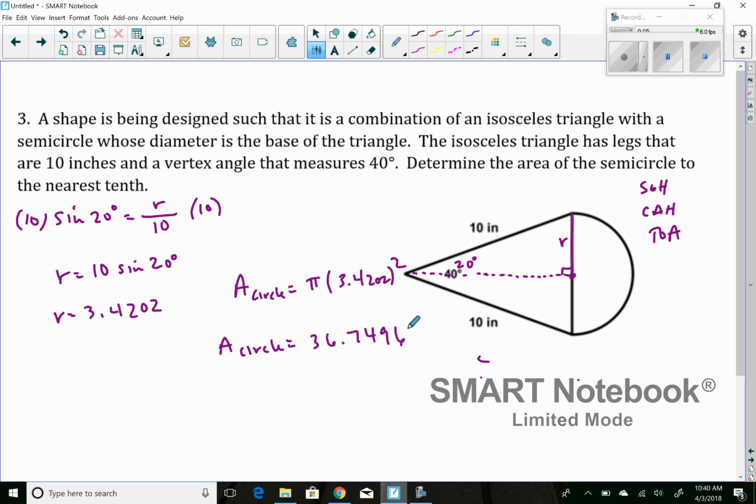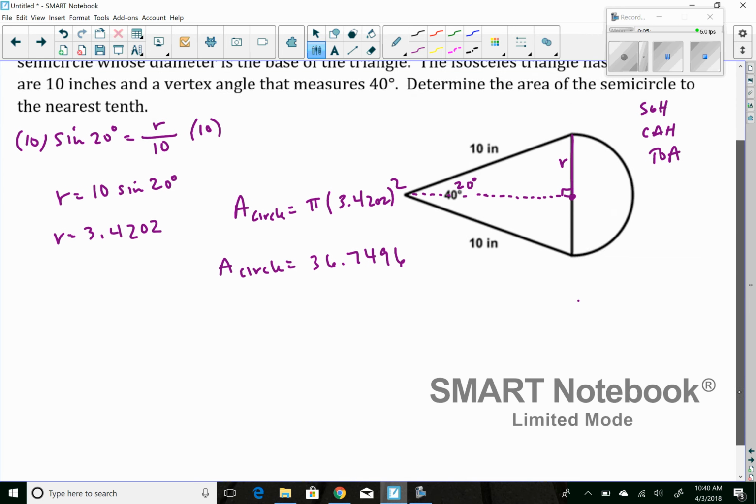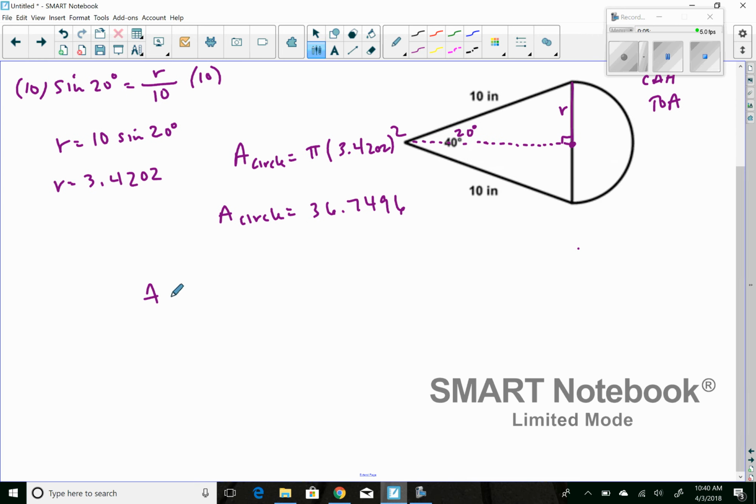Again, not my answer yet, so I don't want to round yet. And then the area of the semicircle is equal to this area we just found divided by 2. So if I just divide by 2 in my calculator and round that to the nearest tenth, it comes out to be 18.4.